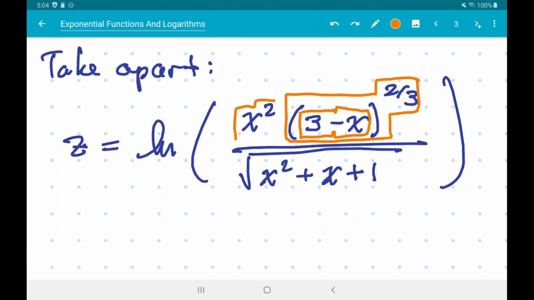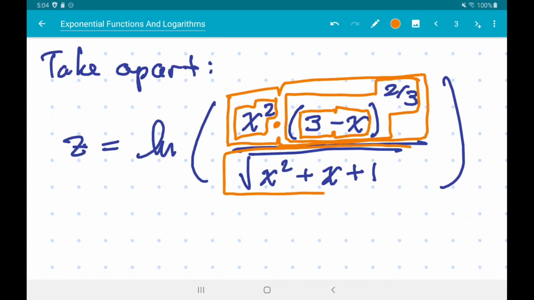There's also an exponent 2 over here, and then it's actually written as a dot that there's multiplication. Okay, so then there's that layer. Underneath the fraction, there's the square root, which will turn into an exponent. And then inside that, we again have effectively parentheses around the x squared plus x plus 1.